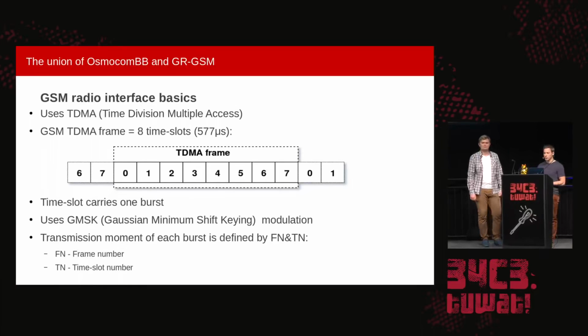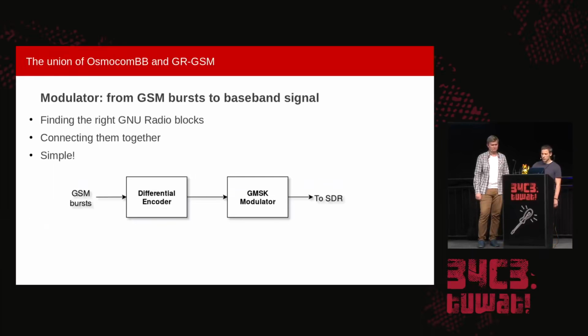And these packets are usually modulated with Gaussian minimum shift keying modulation. The position of each burst is precisely defined by the frame number and time slot number in which it should be transmitted.